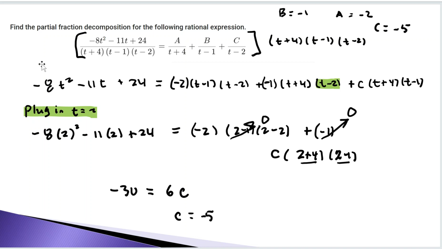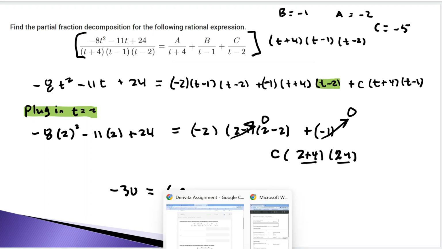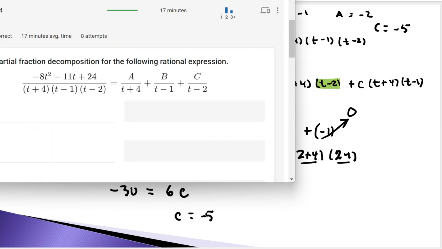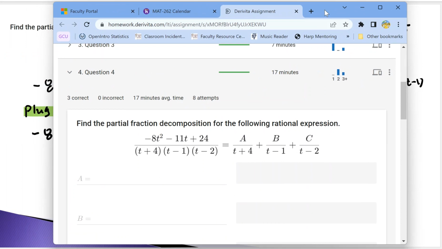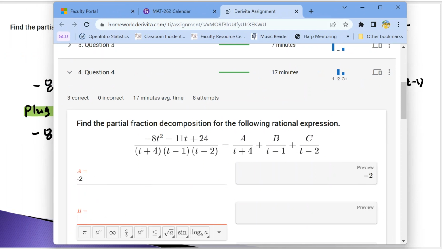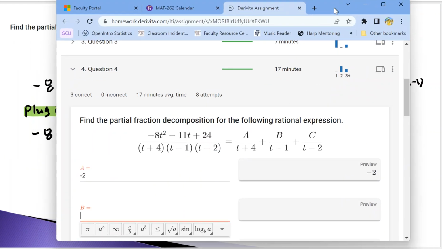And let's check this. Move that over so I can see what I wrote. A is minus 2. B is, I think, minus 1 we decided, and C was minus 5.